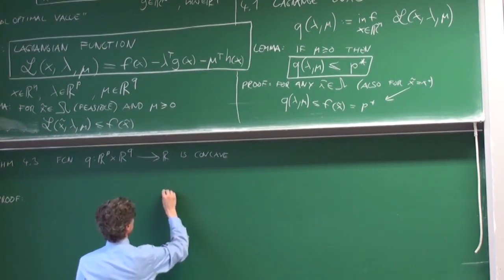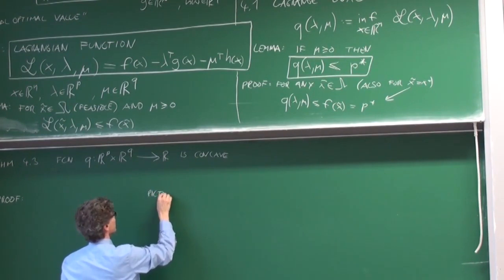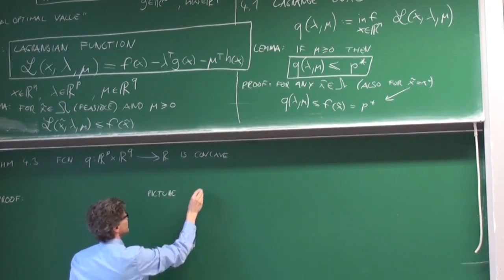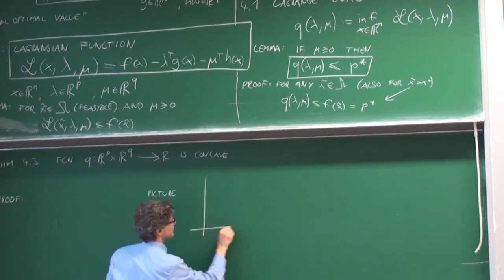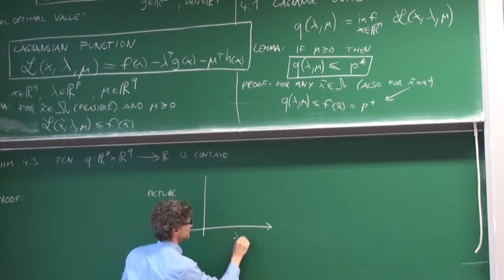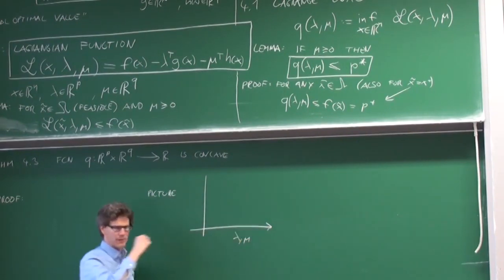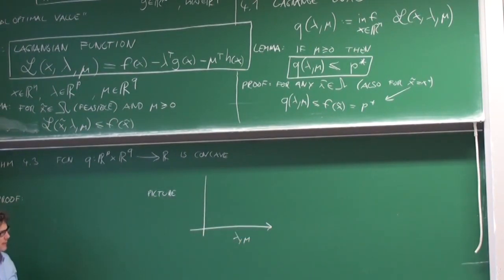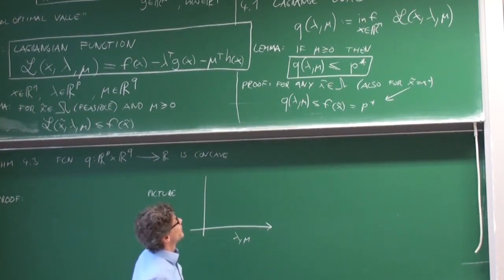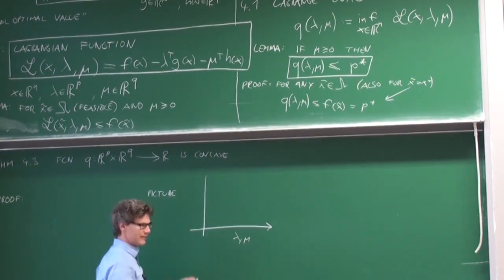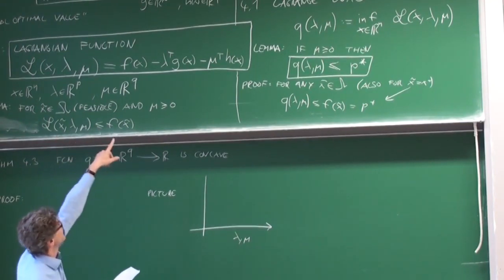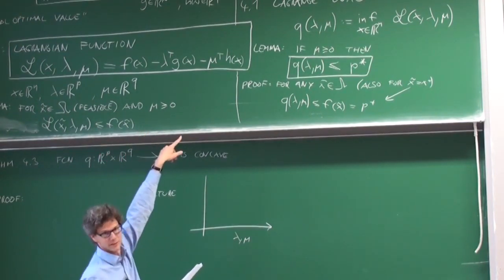So first, let's make a picture. If you have here lambda and mu, and of course only one component, so assume some lambda or mu, and you regard what the Lagrange function looks like, then for every fixed x, the Lagrange function, because of its definition, is a linear function in lambda and mu.